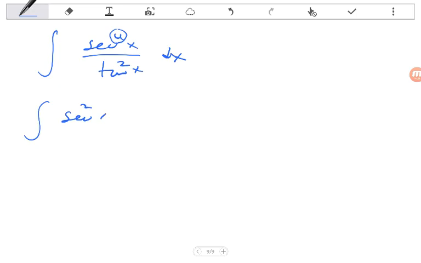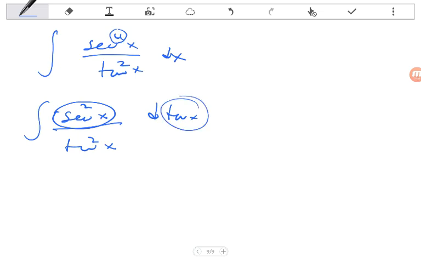So now I have sec squared x, taken after the d, which will be d tan over tan squared x. I just need to express the remaining sec squared in terms of tan x, which will be 1 plus tan squared x.